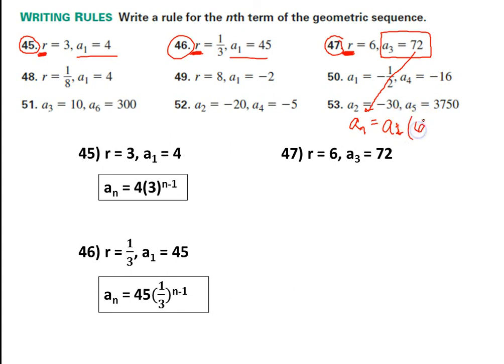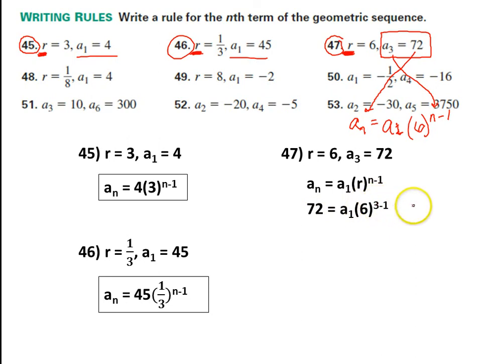R is 6, and we have n minus 1. Well, what's our n? Our n is going to be 3. So we have 72 equals a sub 1 times 6 to the power of n minus 1, with R as 6 and n as 3.